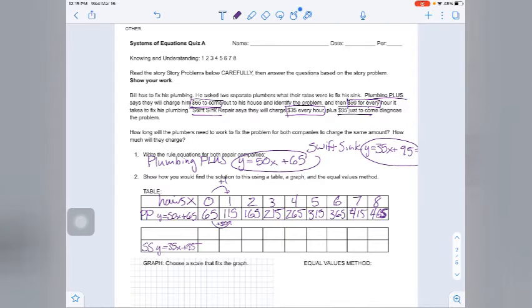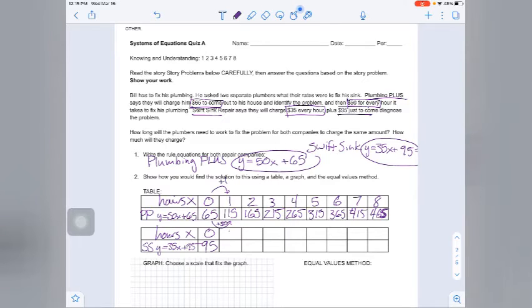And then the other one, Swift Sink, their hours work a little bit differently. When they're there for 0 hours, when they just show up at your door and look at your problem, before they've done any work on it, they're just going to charge you $95 to come out. So that sounds like more, but they're charging you less per hour.